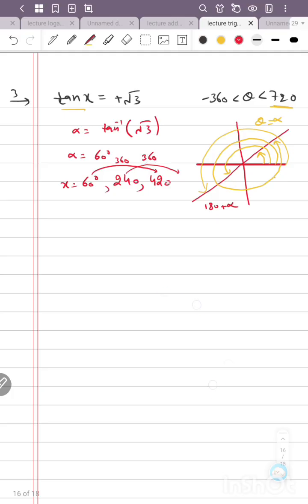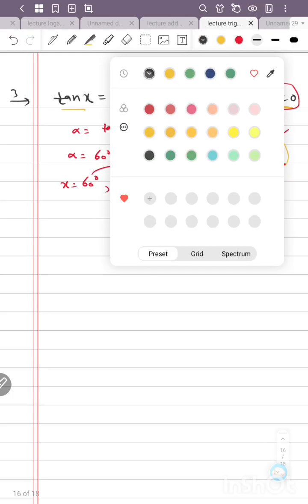Both are the same, so we get the answer 780. If we look at our interval, it is 720, not 780, so we just ignore this answer. All these are the answers for the positive interval.